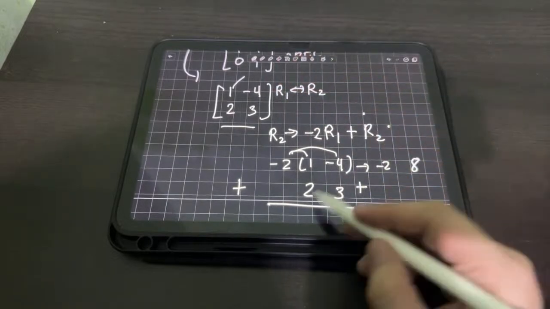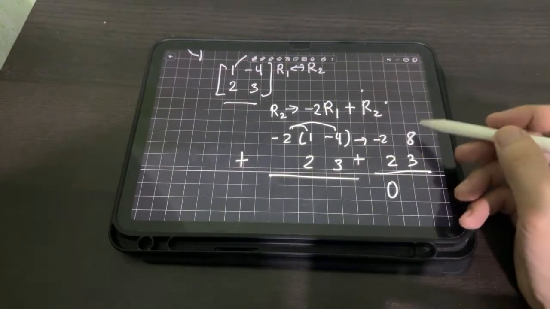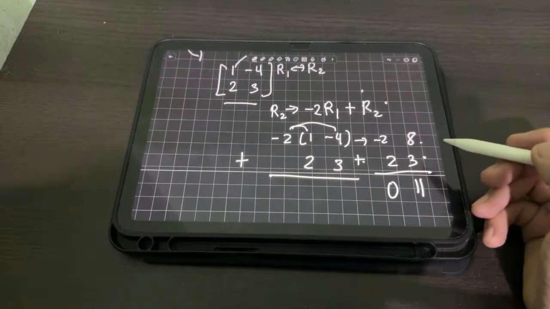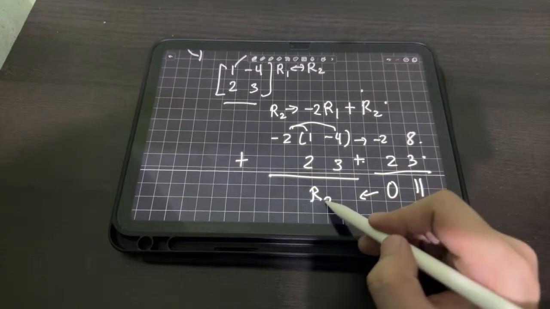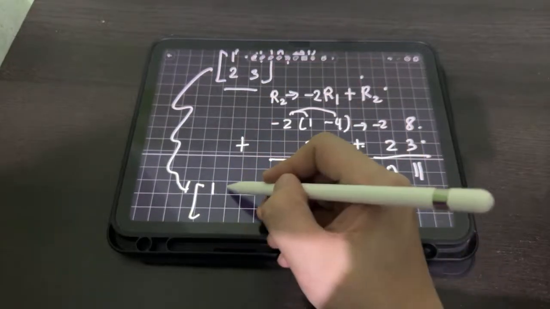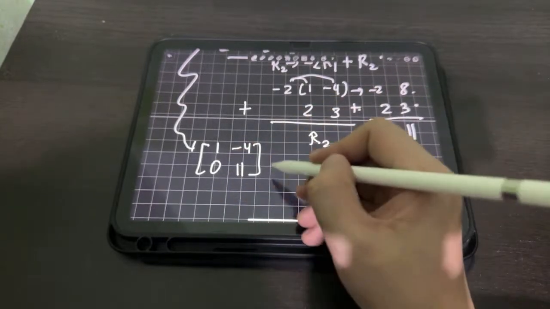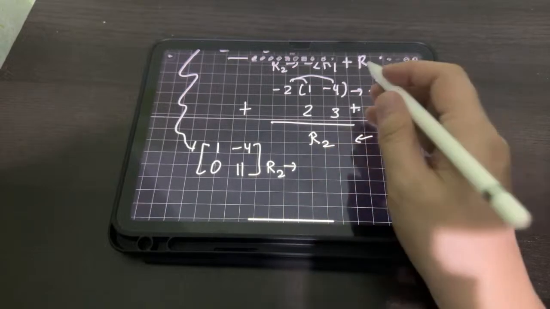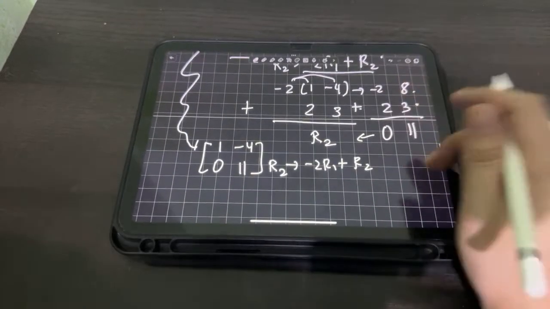Then plus, copy 2, 3. So negative 2 plus 2, it's already 0. Then 8 plus 3, it's 11. So therefore, this will be the new entries in row 2. So we have transformed this into 1, negative 4, and then 0, 11. The operation that we did is R2 equivalent to negative 2R1 plus R2.